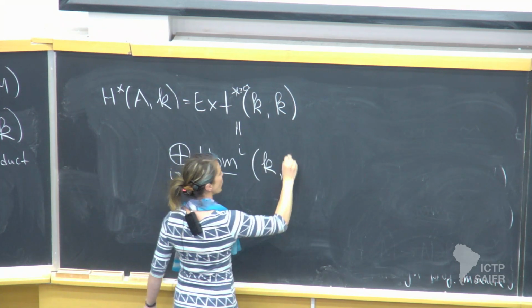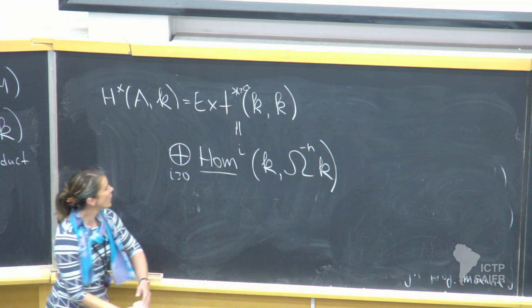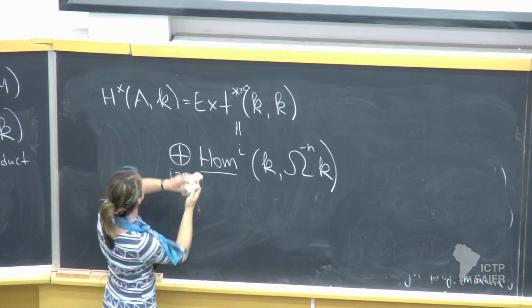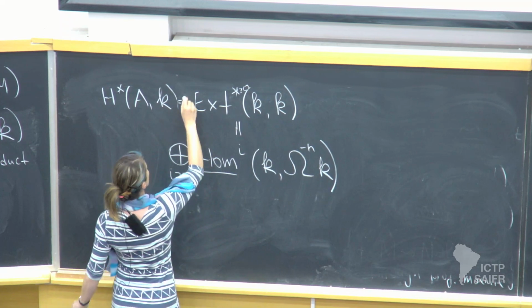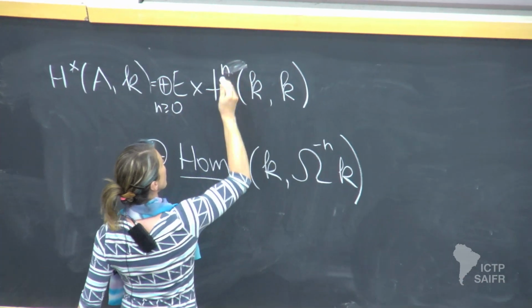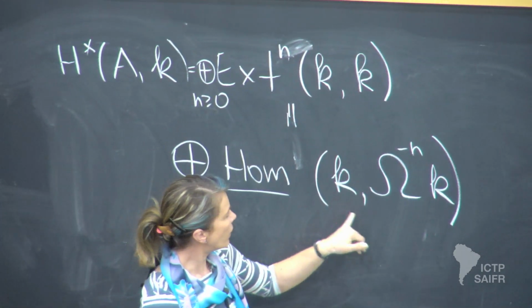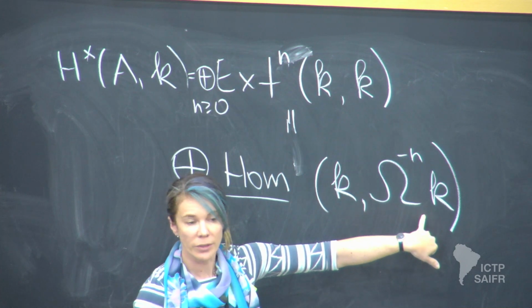Okay, and looking at all the shifts, I'm just shifting, let's say, some. Taking X is the same as taking Hopf to the minus nth shift of K.